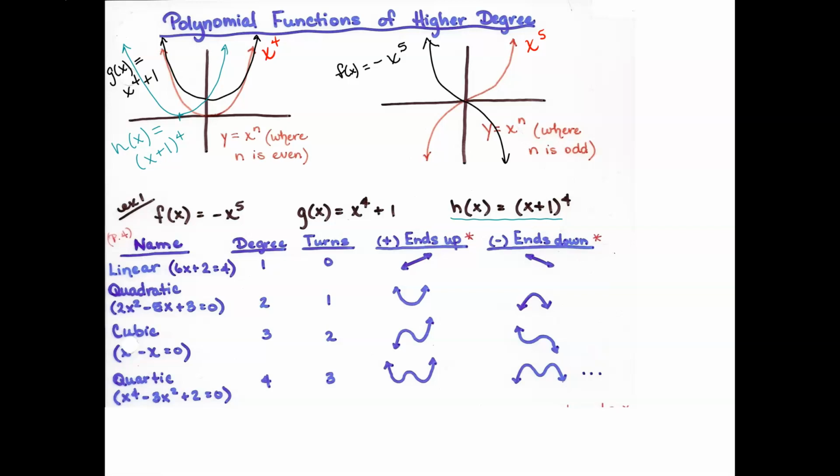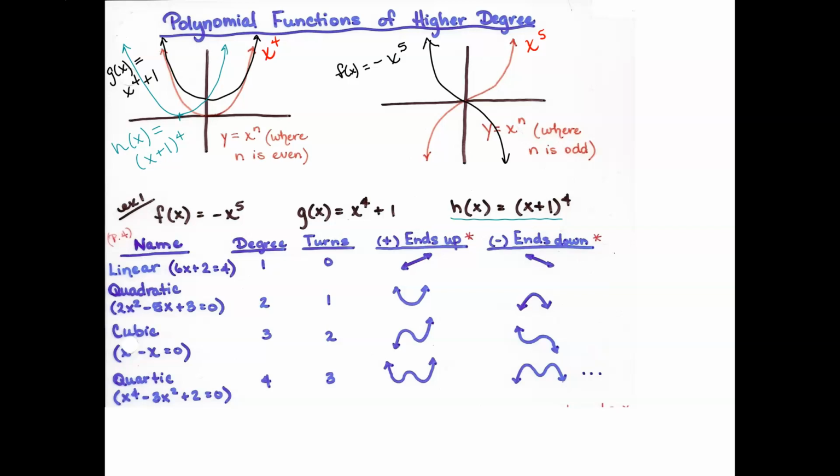Something else that you'll notice is that if the degree is even, like the quadratic and the quartic, they start and stop in the same direction. But if it's odd, like a degree of 1 or a degree of 3, it starts and stops in opposite directions.